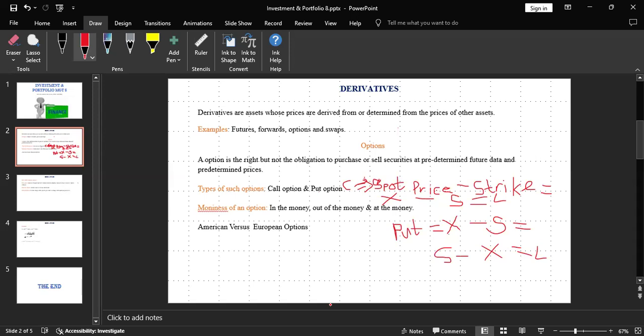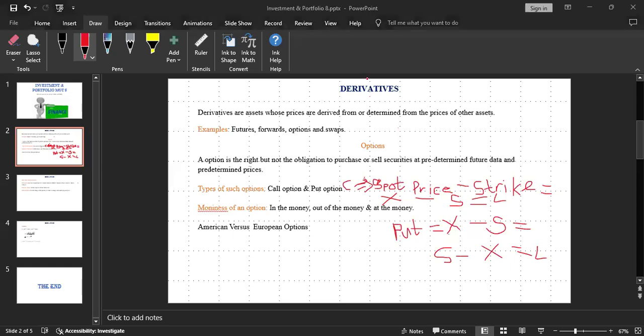Okay. Then when you talk of at the money, we can use break even to remember it easily. You can look at it as break even when the spot price is the same as the strike price, the exercise price.